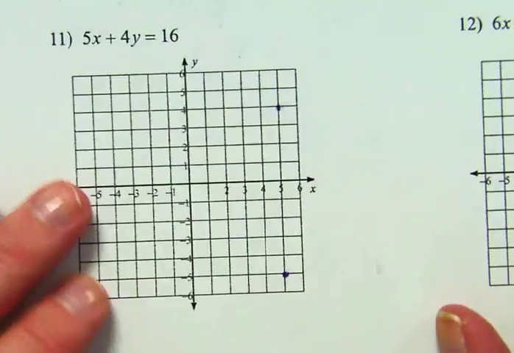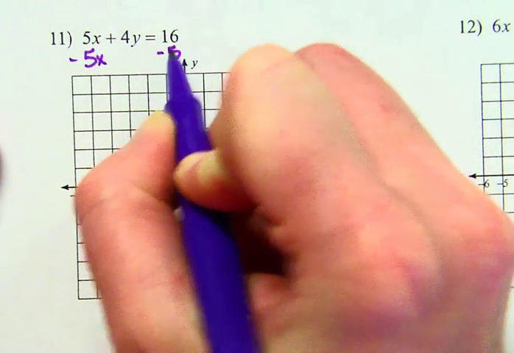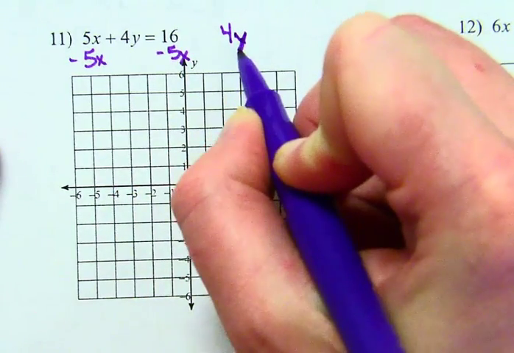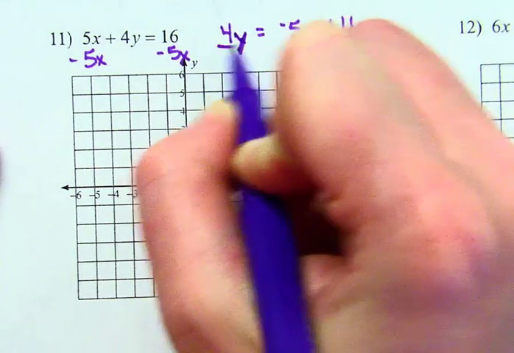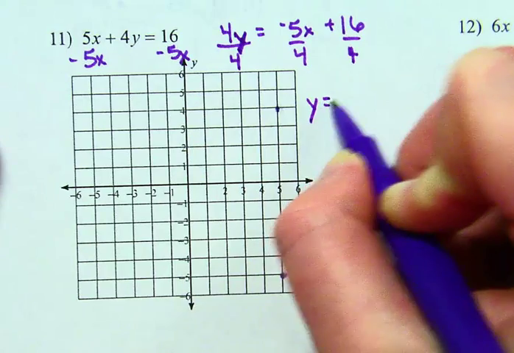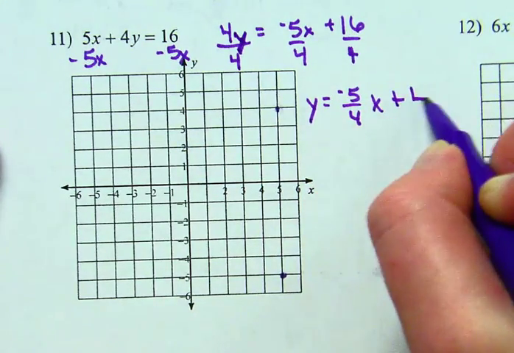Last two. Subtract 5x from both sides. You have 4y equals negative 5x plus 16. Divide everything by 4. Y equals negative 5 over 4x. 16 divided by 4 is positive 4.